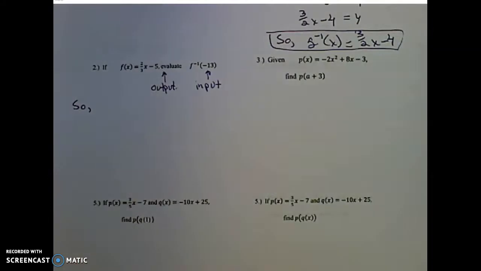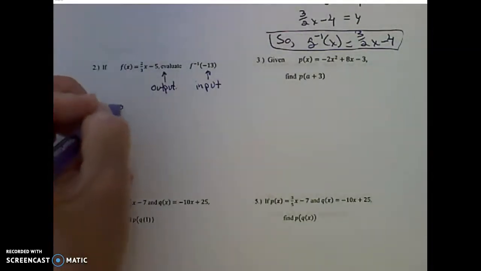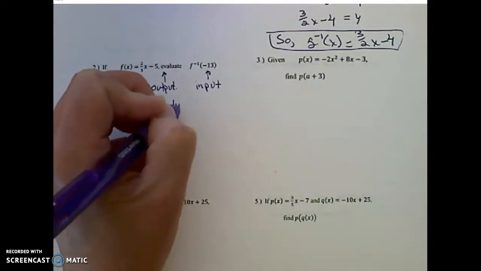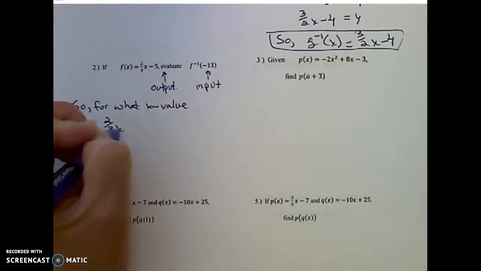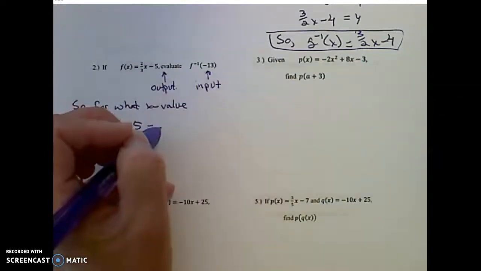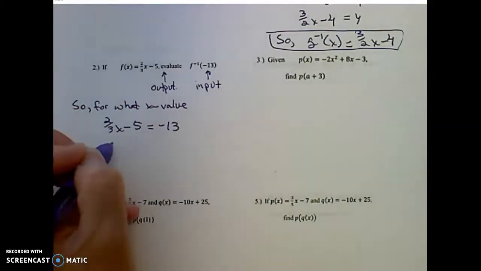So, for what input, for what x value, is 2/3 x minus 5 equal to that output of negative 13? And solve.